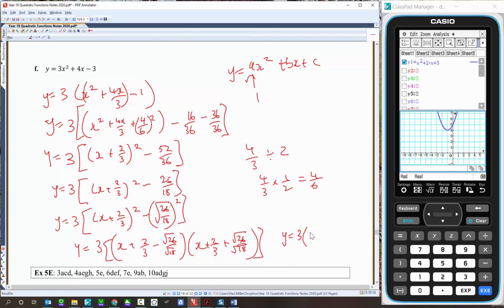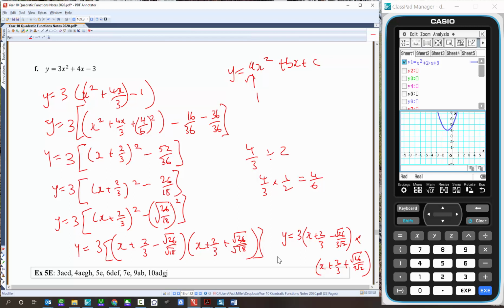So I'm going to write that as x plus 2 on 3 take root 26 over 3 root 2, multiplied by x plus 2 on 3 plus root 26 over 3 root 2.